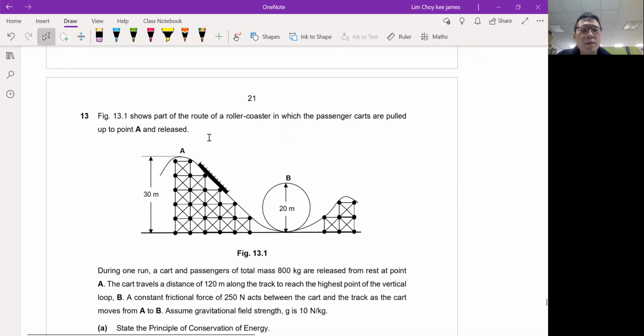At A, this is initial. B is final. The energy at A I'm looking out for is potential energy, EP.